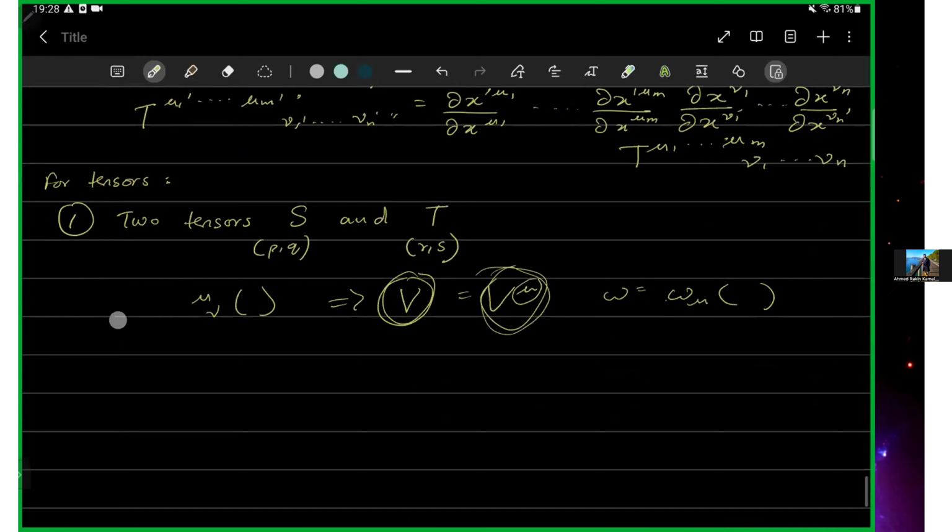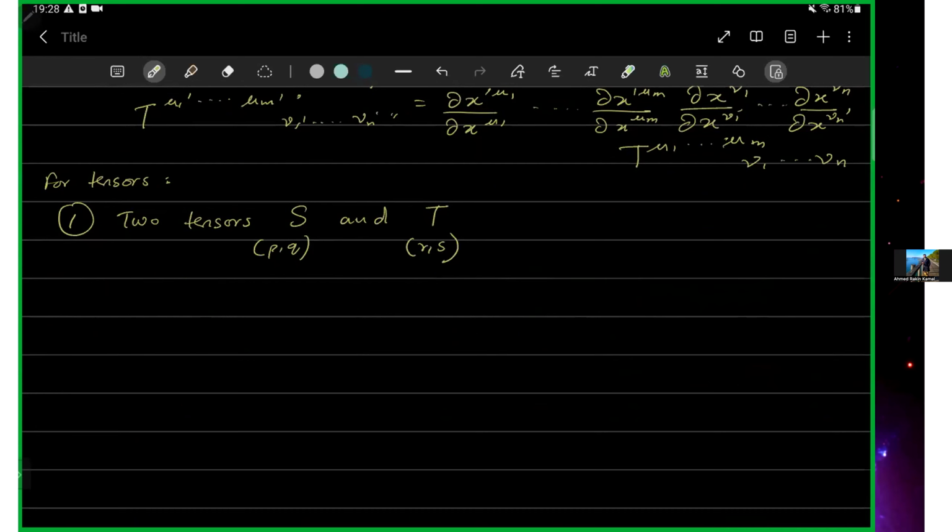Now, like I was saying, for tensors you can have two particular operations.